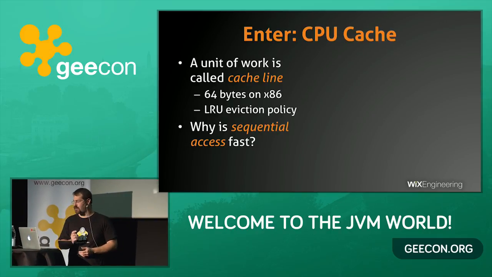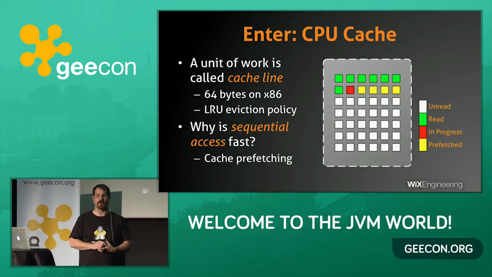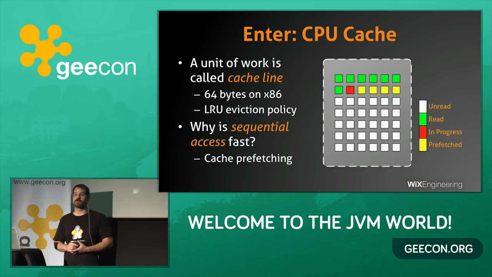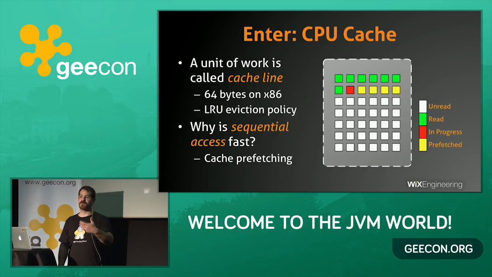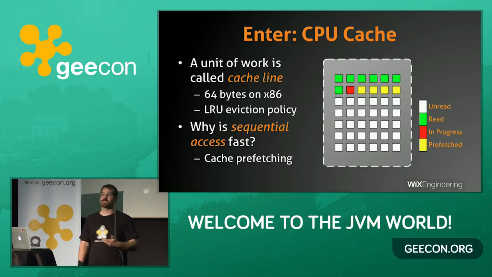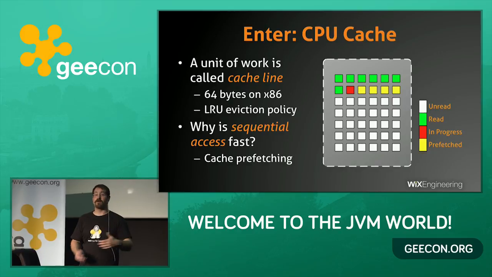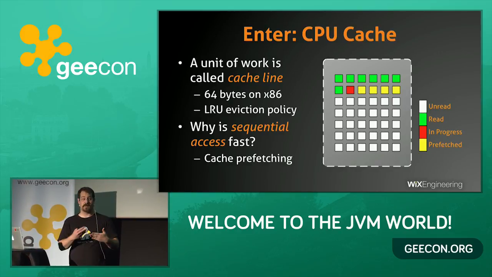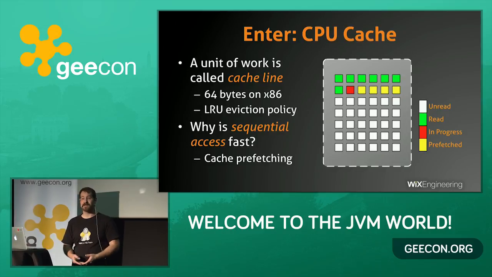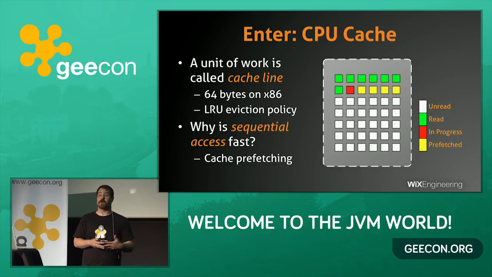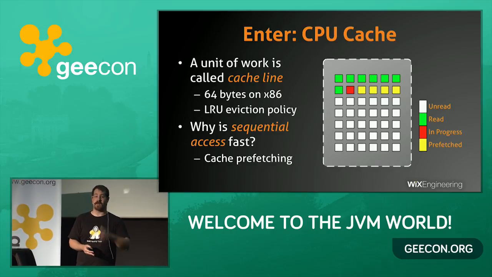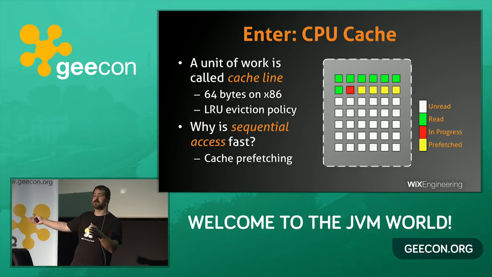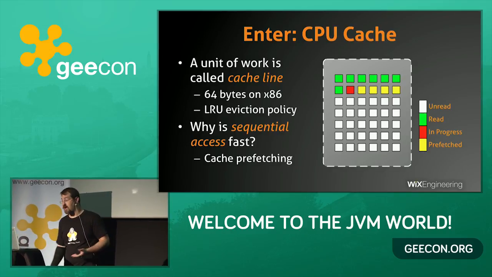Sequential access is very, very fast because of something called cache prefetching. Your cache controller and your CPU basically observe the stream of memory accesses. If you have an inner loop that reads memory sequentially, the CPU cache controller has a mechanism that looks at that stream of accesses and says, okay, I see that you've accessed byte n plus 1, n plus 2, et cetera, you must be doing sequential access.